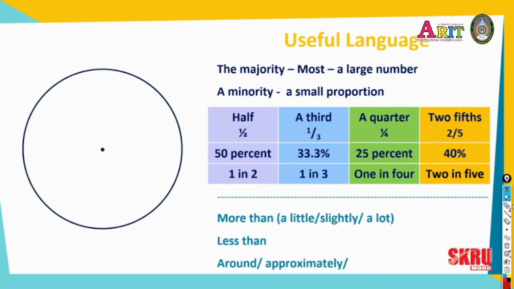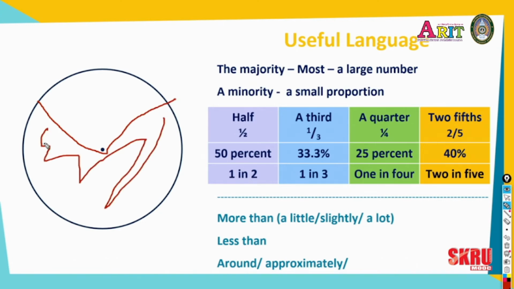That would be in a situation when, on the chart, this area here, which I'll show you quickly, represents the majority. Most of the students in class are women. A minority, a small proportion, a smaller number are men.